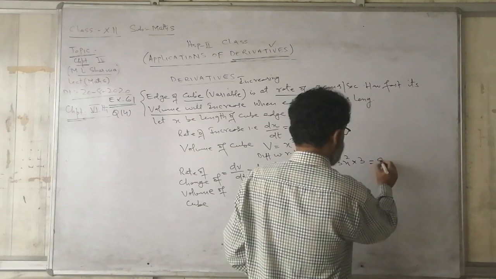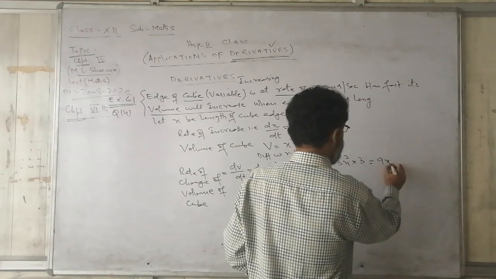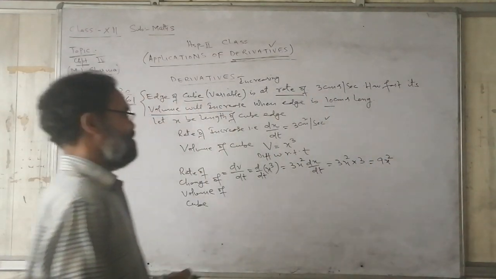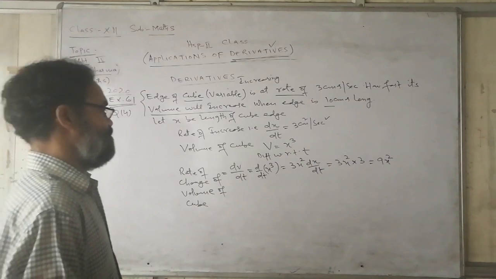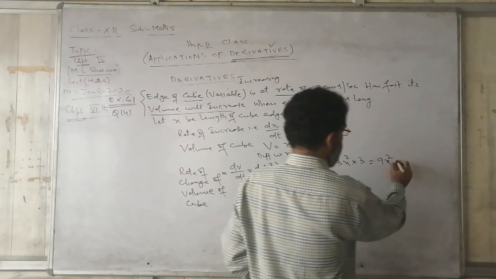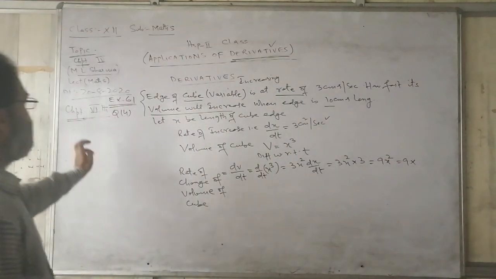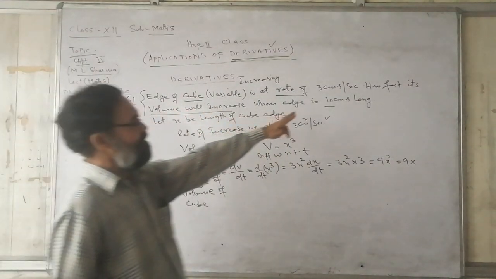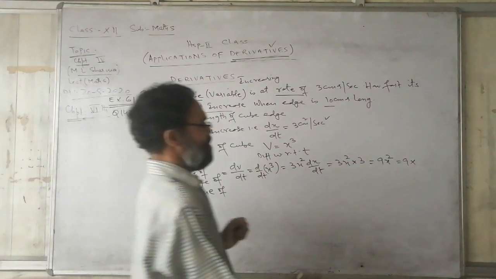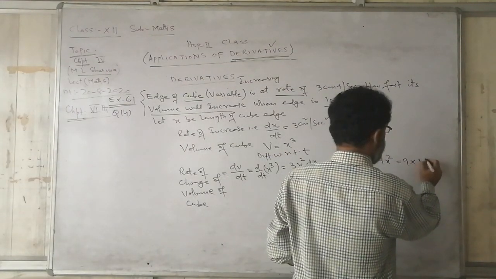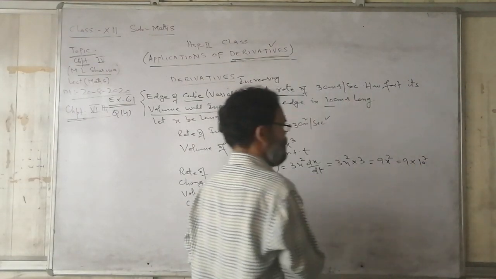So this will be 9x square, and the value of x is given to me, that is 10 centimeter. So this will be 10 centimeter square.